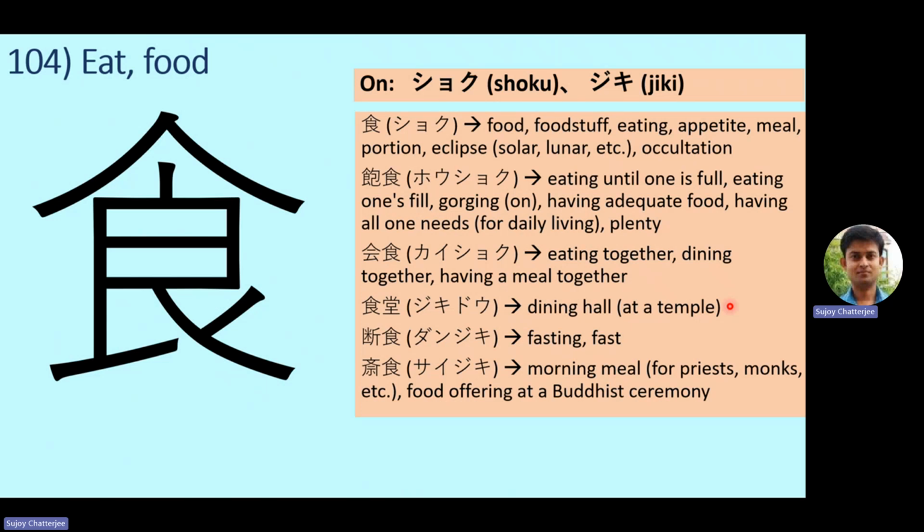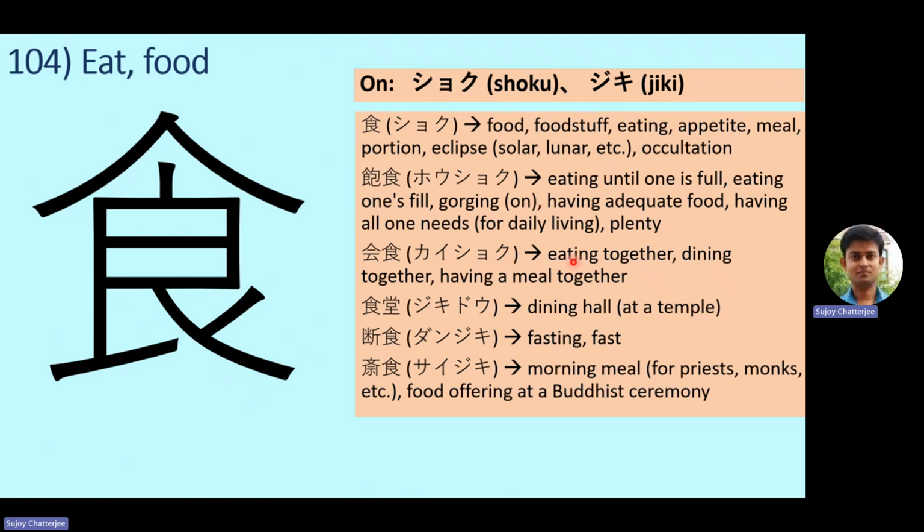Then we have hoshoku, which means eating until one is full, eating one's fill, gorging on, having adequate food, having all one needs for daily living, plenty. That means there is surplus or prosperity. Then we have kaishoku.